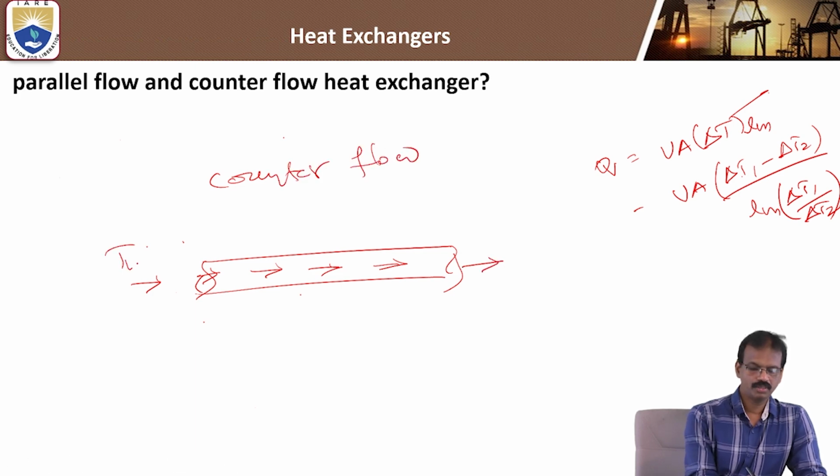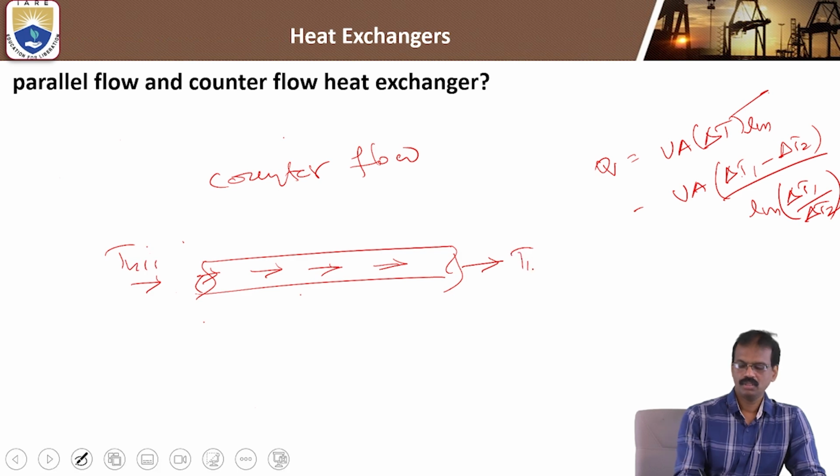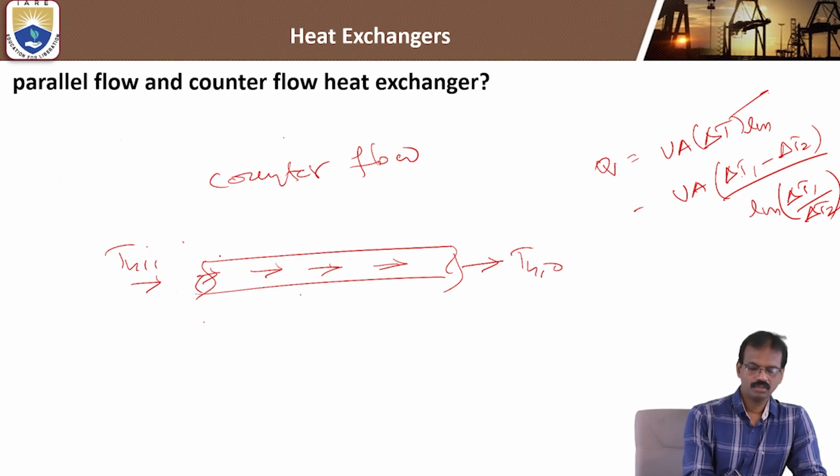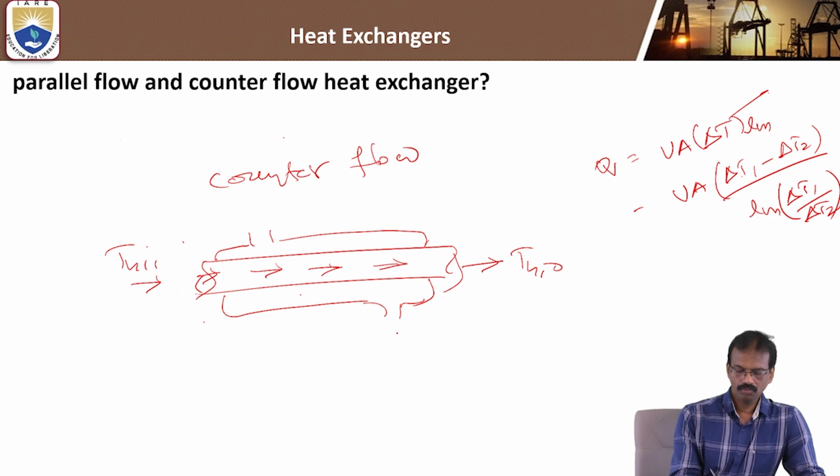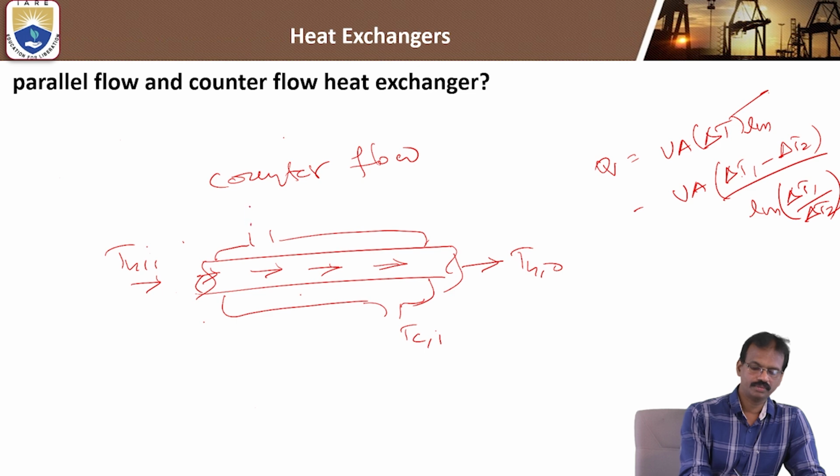So THI to THO. Here, cold fluid enters here, TCI, and leaves here, cold fluid outlet.